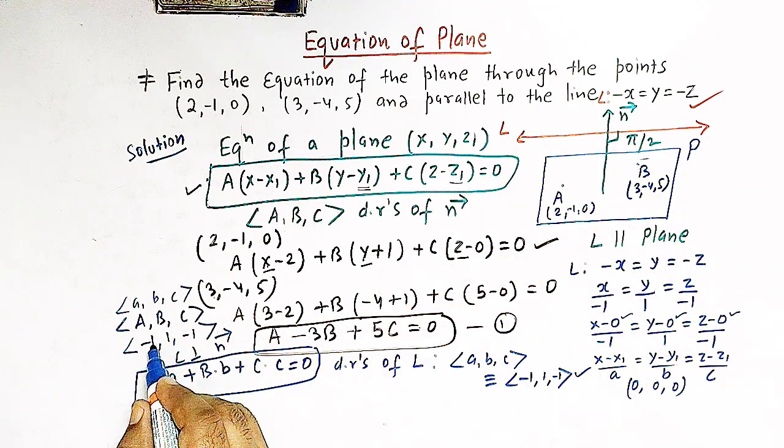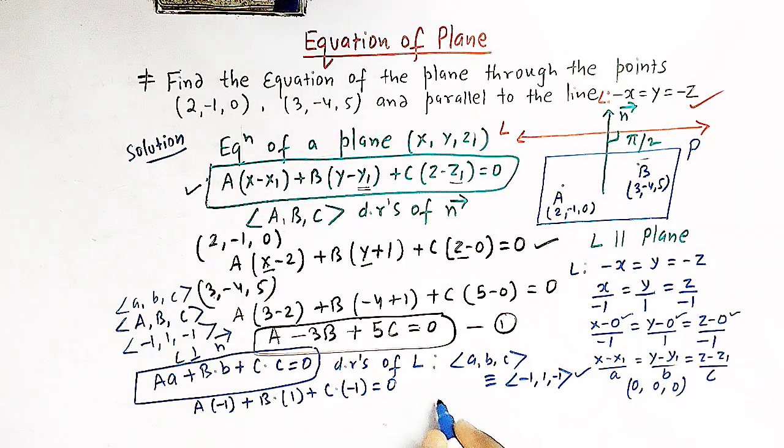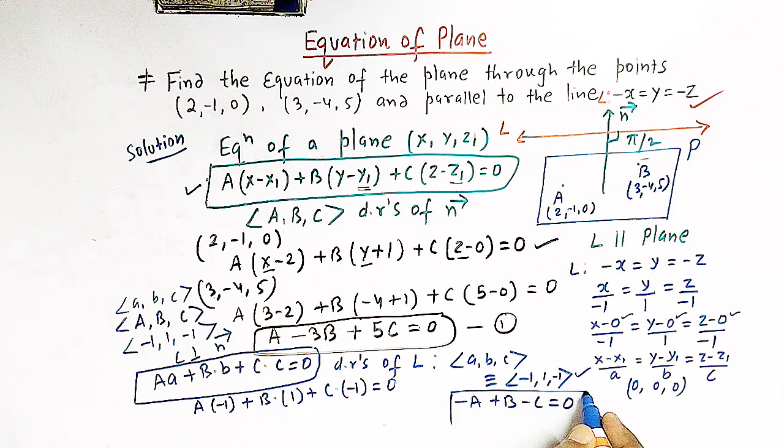So here A is minus 1, so we have a times minus 1, then B times 1, and then C times minus 1. So this is equal to 0. So now we have the second equation in a, b, c, that is minus a plus b minus c is equal to 0. So this is our equation number 2, and now we have to solve these two equations.